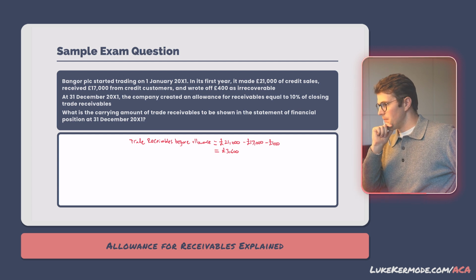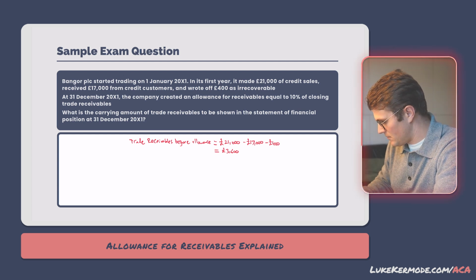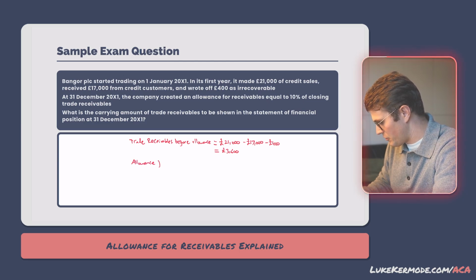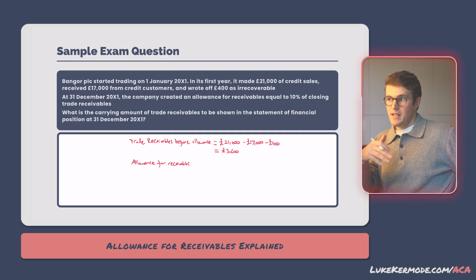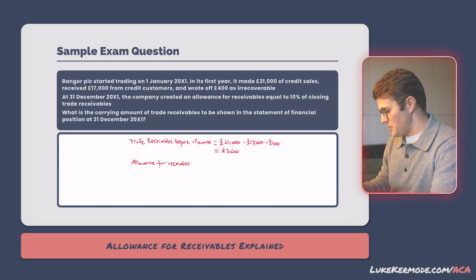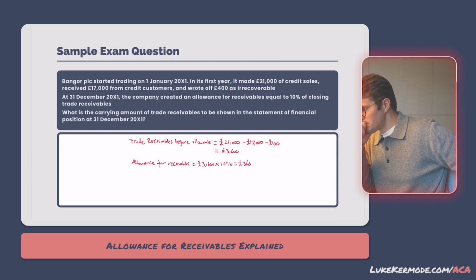Our second step is to apply the 10% allowance. So our allowance for receivables is calculated based on the remaining receivables balance of £3,600. So £3,600 times 10% equals £360.